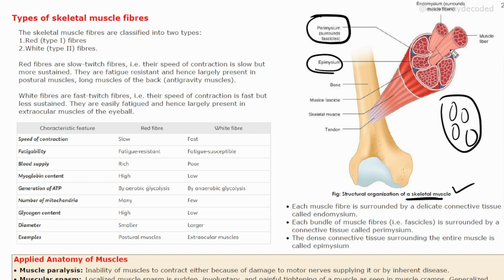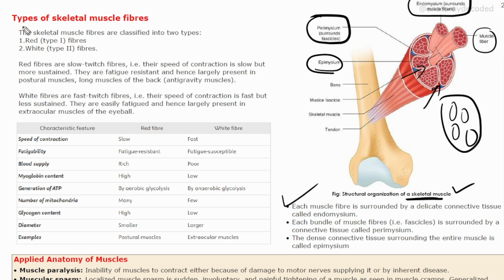Individual muscle fascicles have multiple muscle fibers, and each muscle fiber is surrounded by a connective tissue called endomysium. So epimysium, perimysium, endomysium are the connective tissue sheaths which cover and bind the muscles together, and they also provide a way for the blood vessels and nerves to reach inside and supply them.